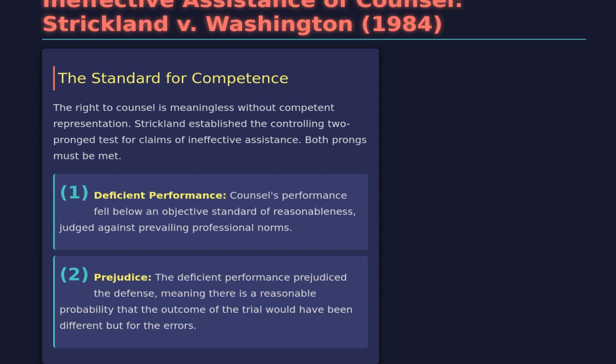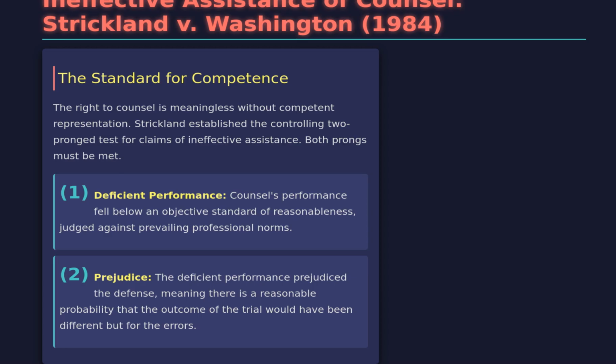To succeed on such a claim, the defendant must satisfy a rigorous two-pronged test. First, the performance prong requires showing that counsel's representation fell below an objective standard of reasonableness. This is judged by the prevailing professional norms, meaning the lawyer made errors that no reasonably diligent attorney would have made.